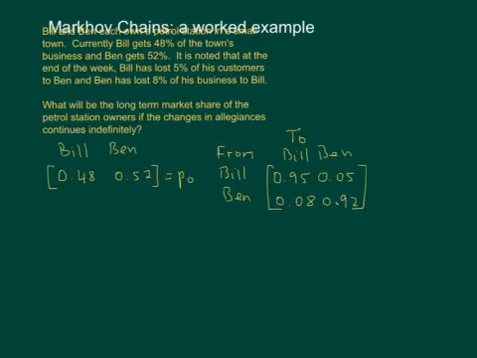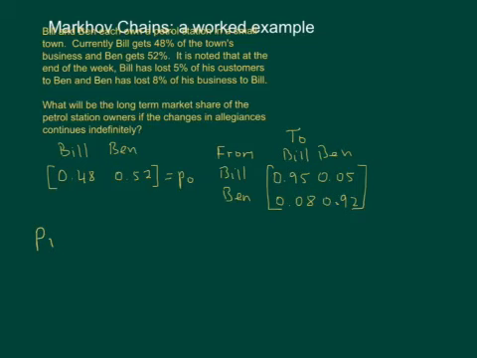Alright, so what we need to do is multiply P0 by the transition matrix, and that's going to give us P1, the market share after the first week. Okay, so remember how we do this? We go row by column when we are multiplying matrices, row by column.